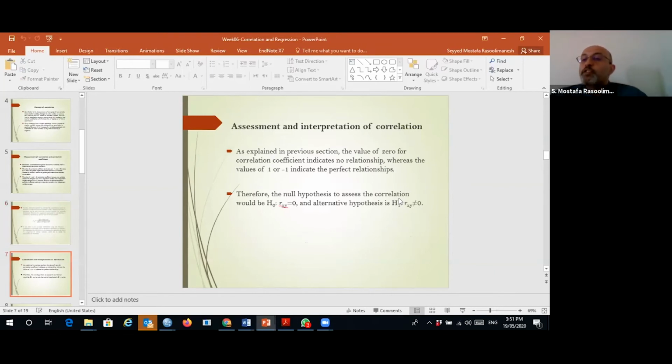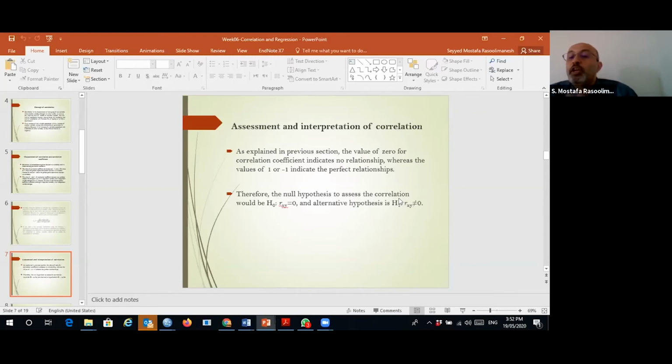What's the hypothesis for correlation? For correlation, the null hypothesis is that the correlation coefficient equals 0, right? It means when the correlation coefficient equals 0, we have no correlation. The null hypothesis refers to the non-existence of a relationship.